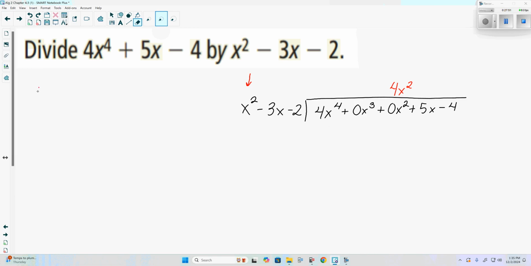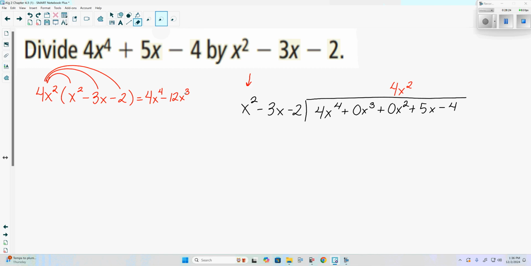Now that we have it, we're going to take the 4x squared and multiply what we have outside, our x squared minus 3x minus 2. We're going to distribute through: 4x squared times x squared will be 4x to the fourth, which is exactly what we wanted. 4x squared times negative 3x, 4 times negative 3 is negative 12, and x squared times x is going to be x to the third.